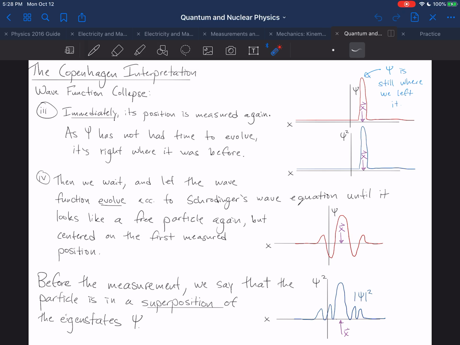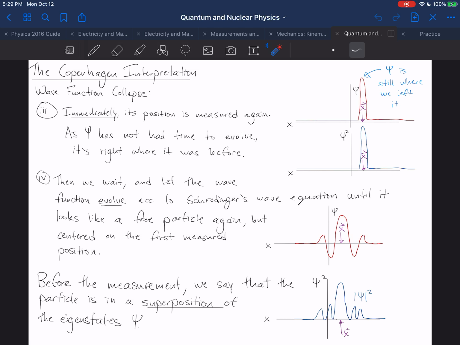But what happens if you immediately measure its position again? Well, psi has not had time to evolve. Remember that the wave function will evolve according to Schrodinger's wave equation, but psi has not yet had sufficient time to evolve or to change or to be wave-like. It's exactly where it was before, and therefore if you try to make that measurement again, it'll be exactly where you left it.